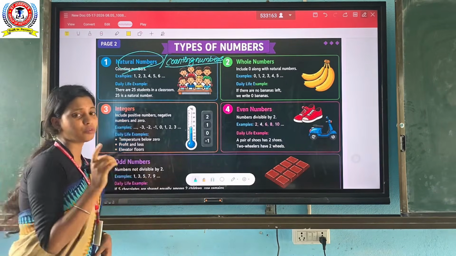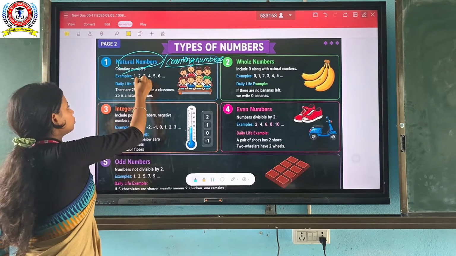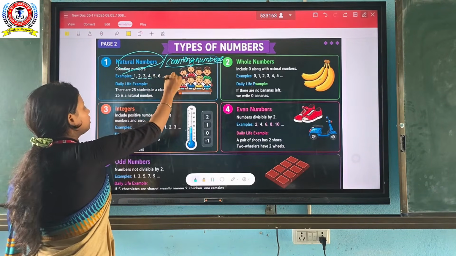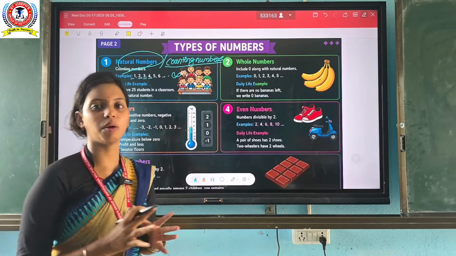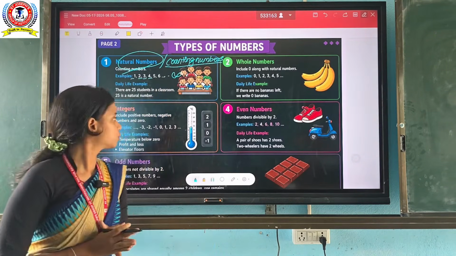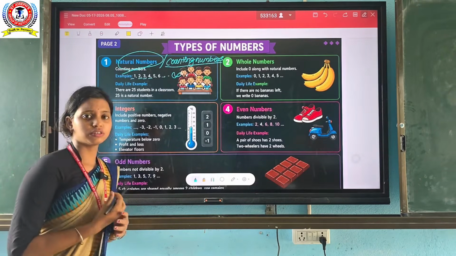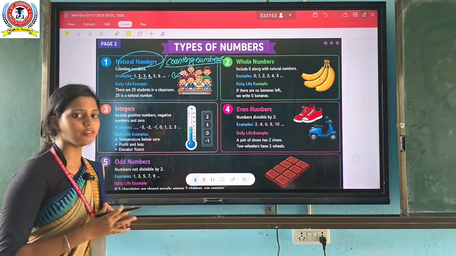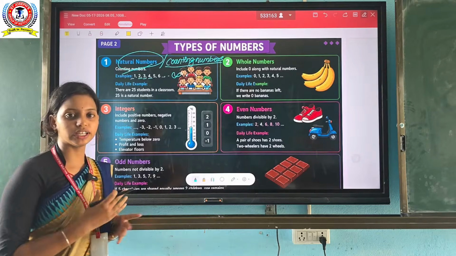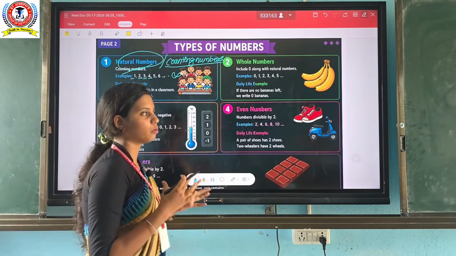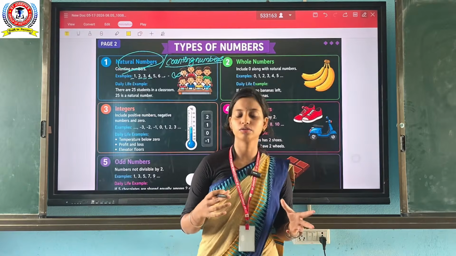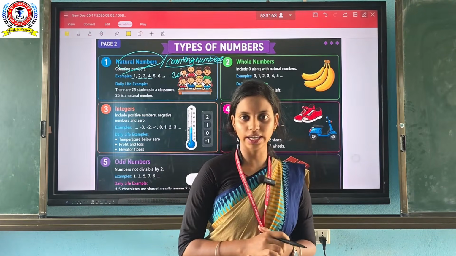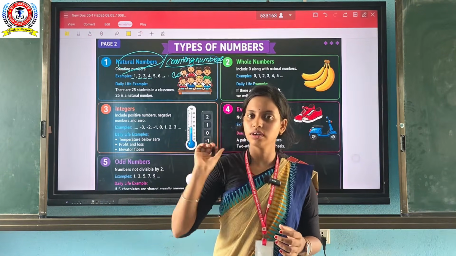Natural numbers start from 1, 2, 3, 4, 5, 6 and go up to infinity. There is no end in numbers. In daily life, we use natural numbers to count how many students are in our class, or to read time. So this is about natural numbers.